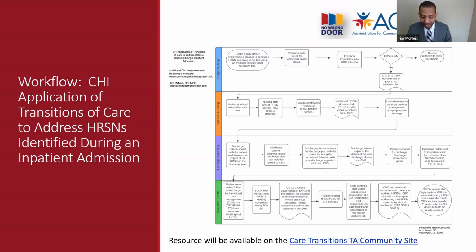ASPE did an evaluation of the utilization of those codes. These codes are developed under the same framework or chassis as the chronic care management codes. And the data from CMS shows that only 4% of eligible beneficiaries received at least one chronic care management service in the calendar year of 2019 when this evaluation was done.